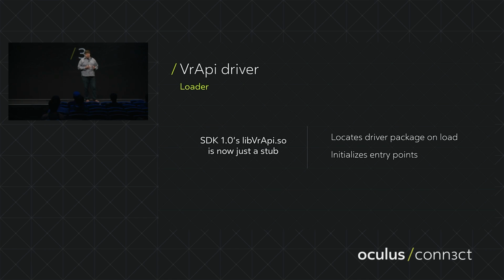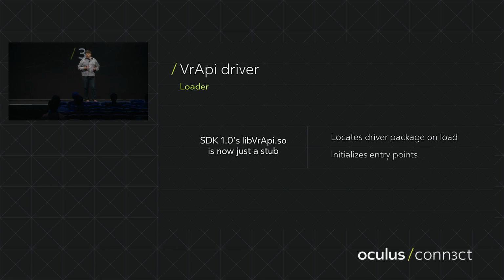Now, the way this works is there is still a libvrapi.so that your application links to and includes in your APK. The only difference is that it's no longer containing the actual code of our driver. It's just a loader stub library. So the very first thing it does when it gets loaded into your process is it goes out, finds the driver, and initializes entry points in there.